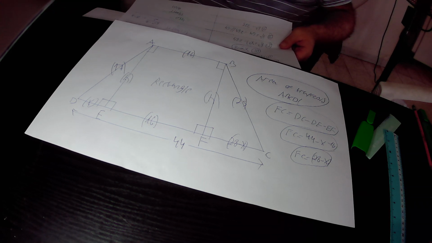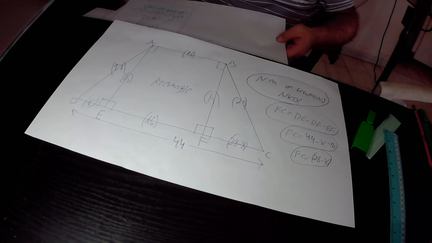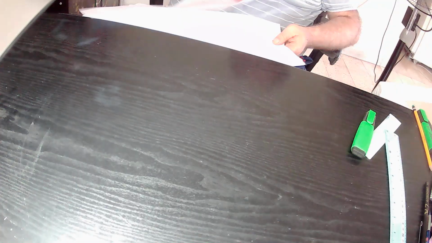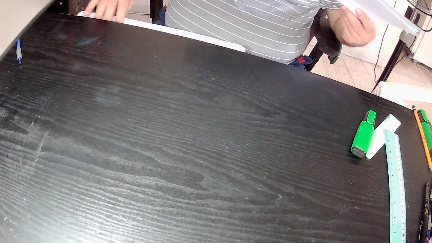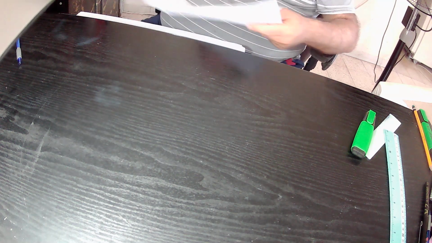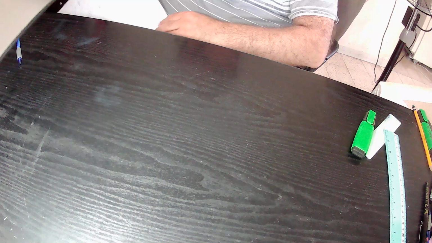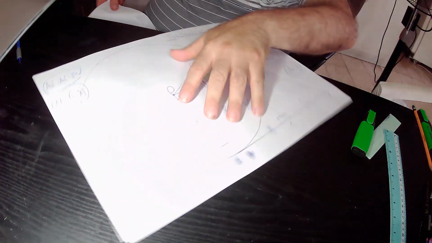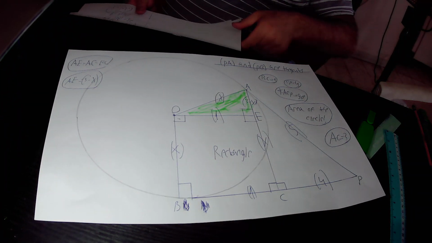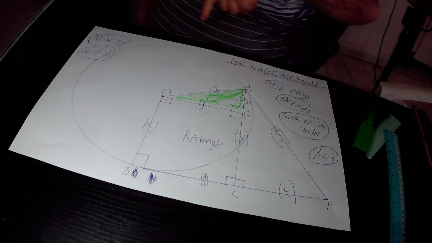In the next step, as in the lecture, we start with the first question, of course. Our mission in the first question is to find out the area of this circle.